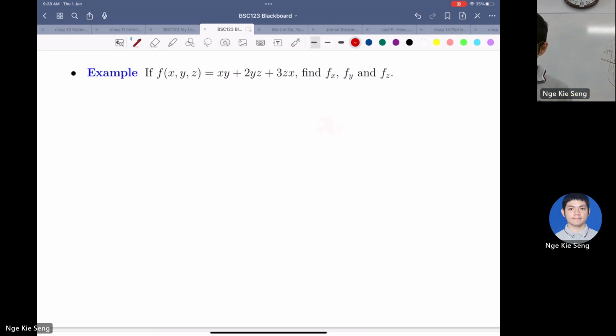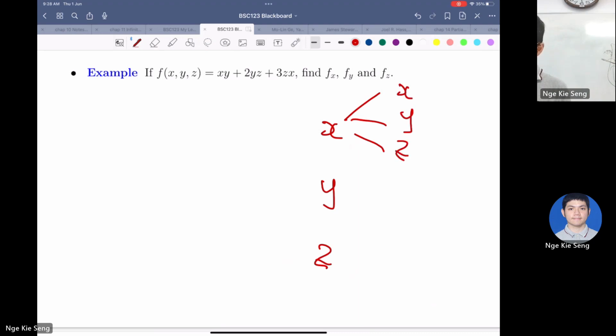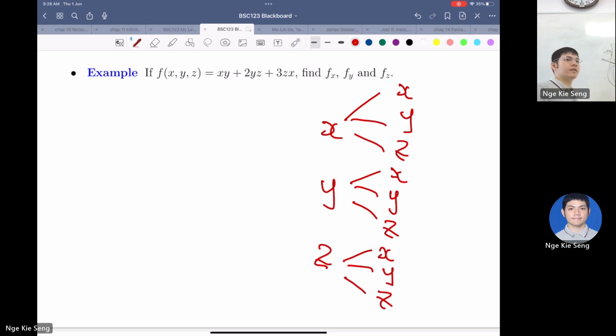X, Y, Z. 3 times 3, right? So 9. No more. Triple, that's the third derivative.